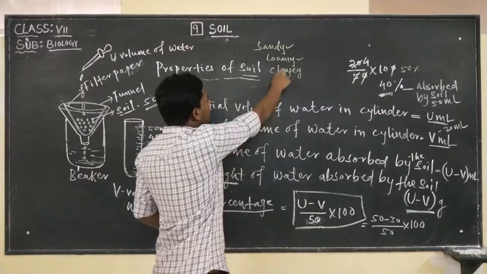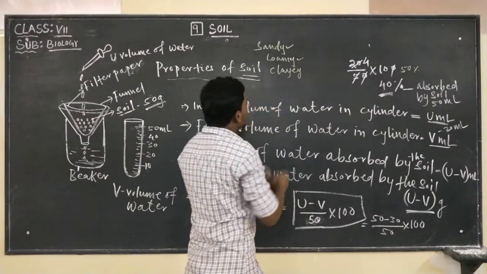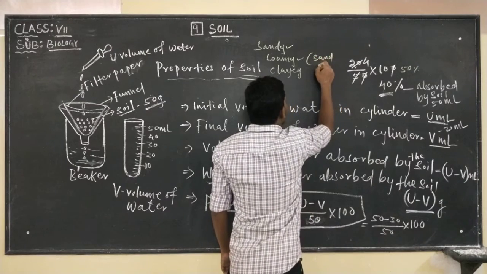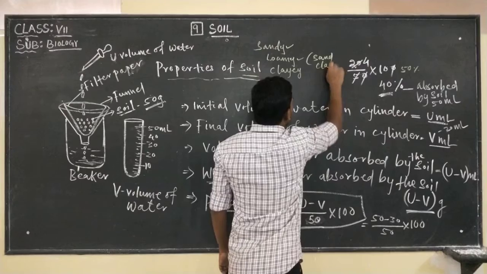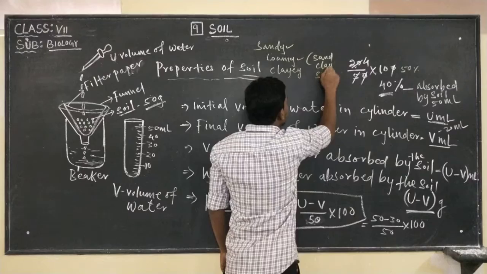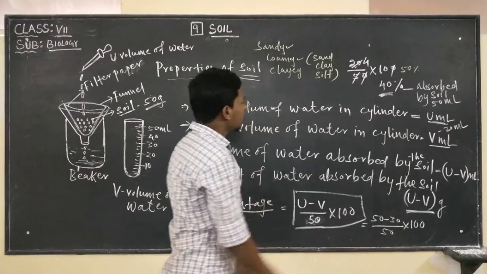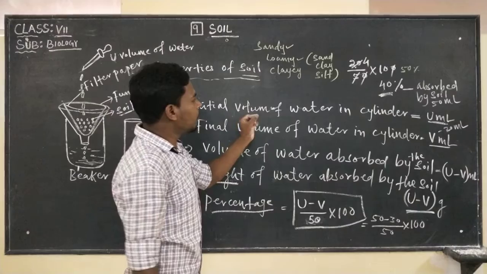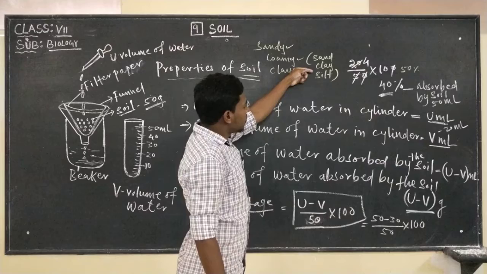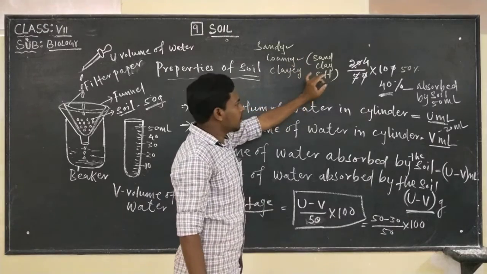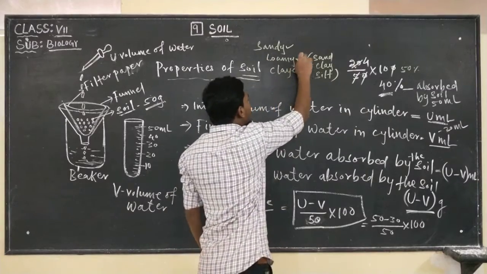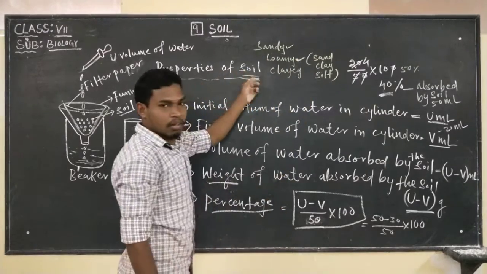Why? Because loamy soil is made up of sand and some clay, and even some silt. We find silt in river beds, very fine particles. Sand is the larger particle, clay is finer, and silt is the finest. These three combined form loamy soil, so it has more water absorbing capacity.